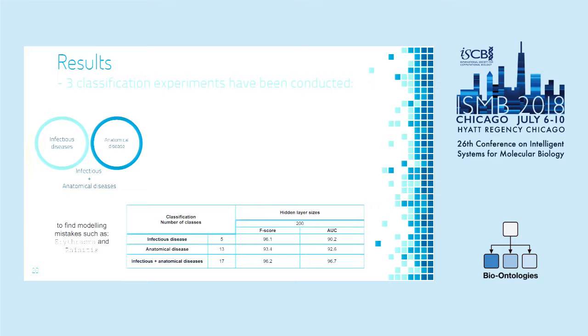So, for example, after we combine both of them, we have 17 classes. Here, 17 is because we have 16 of anatomical and infectious, and one class referring to other diseases, not infectious and anatomical. And we still got a high result.